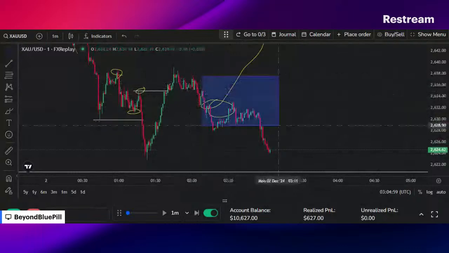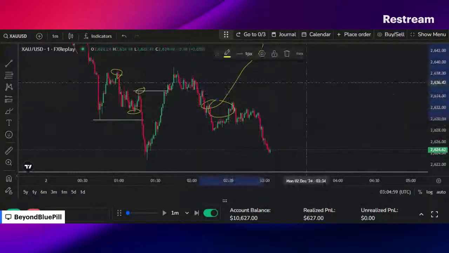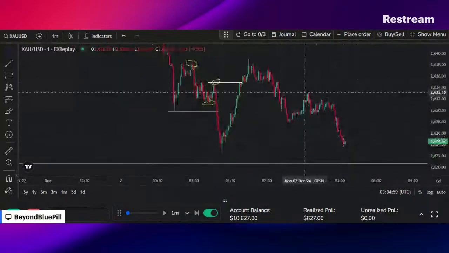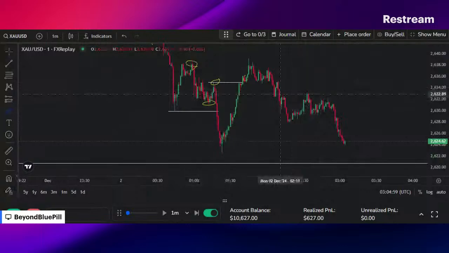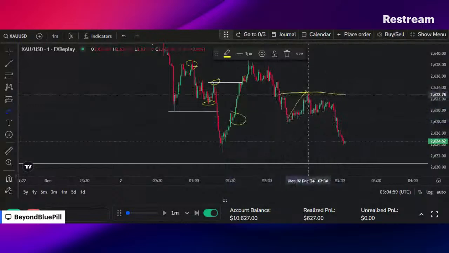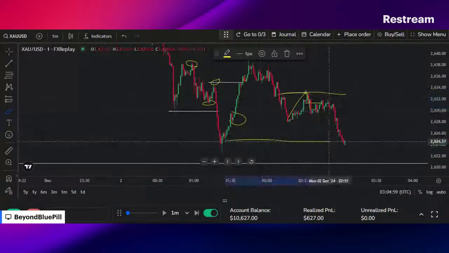Right. So here's why I was expecting price to go higher. Then I see a failure right here. We had this SNDR. Price traded up above this, but failed to close. And I entered at the flip. My take profit is here as usual.